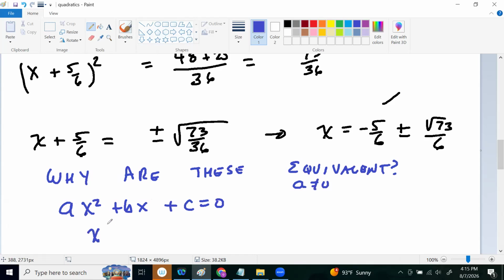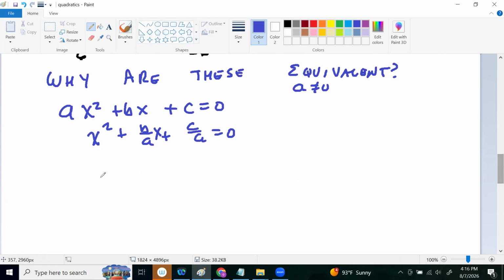Division by a. Now, let's complete the square on this side. So this is x squared plus b over a x. Then you add b over 2a squared.